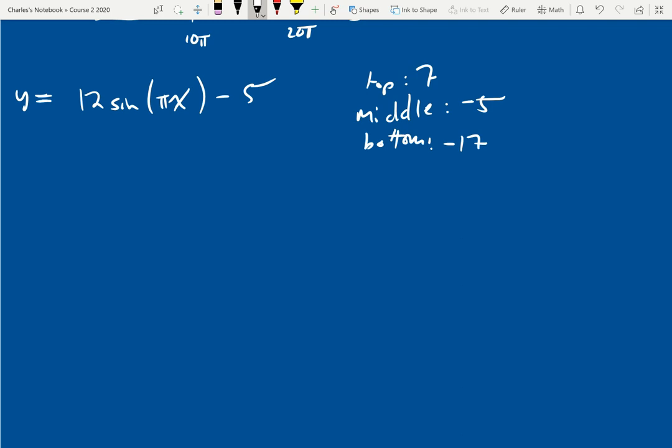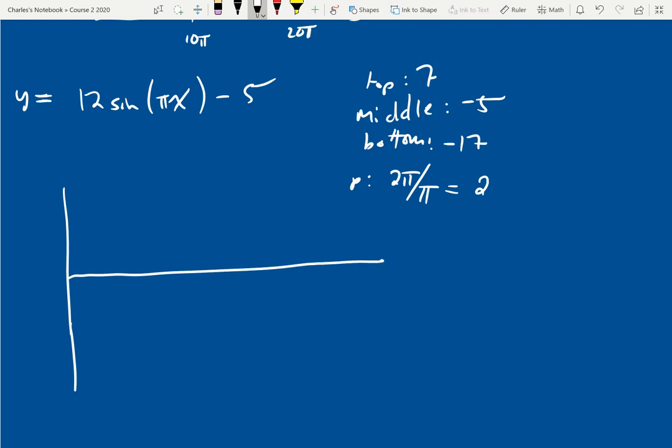It's a sine, so it's going to start in the middle, and its period is going to be 2 pi over b, which is pi in this case. So its period is just going to be 2. That's what I wanted to show you: when you have a b value that's scaled by pi, your period is actually going to be a whole number.